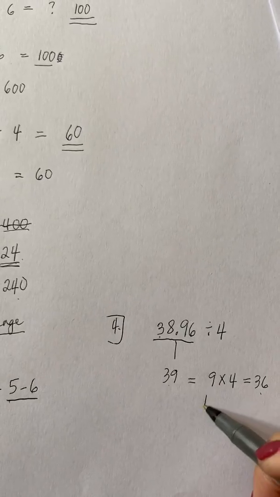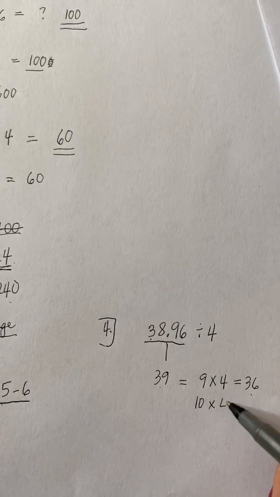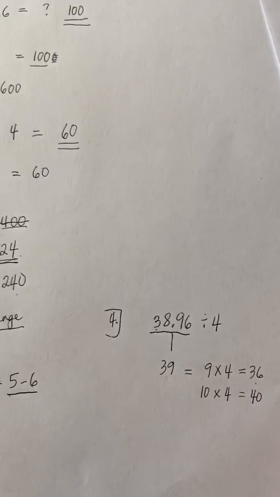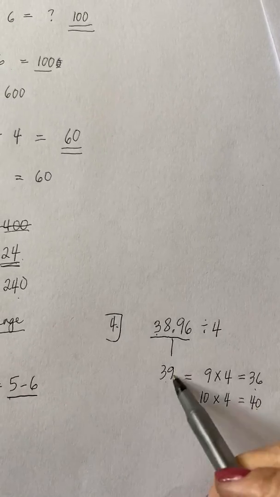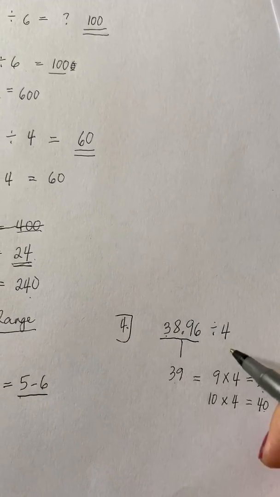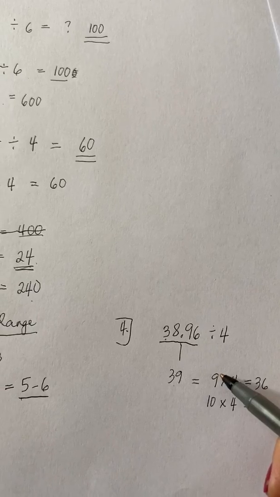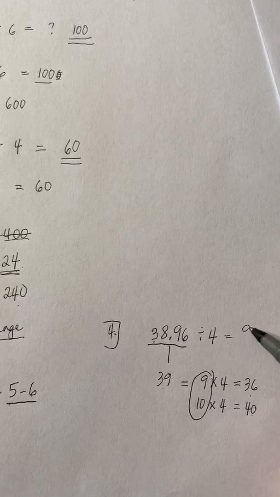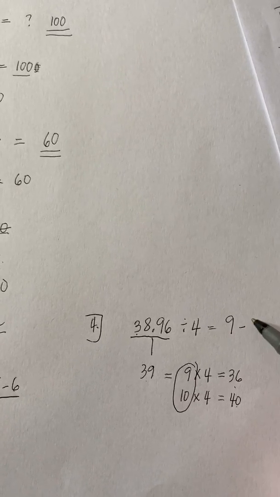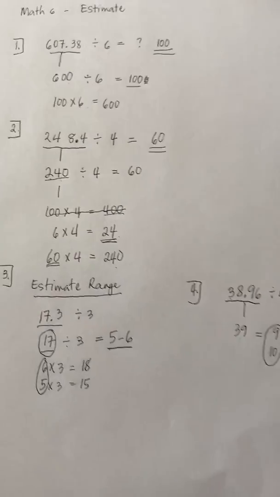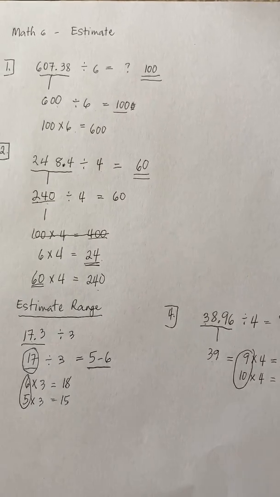Or I can say 10 times 4 is equal to 40, which is again a little bit higher than 39. But since we are talking about range, our estimate answers will be 9 to 10. So, these are our estimates.